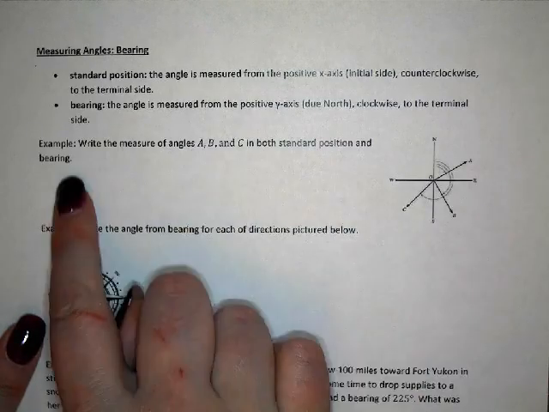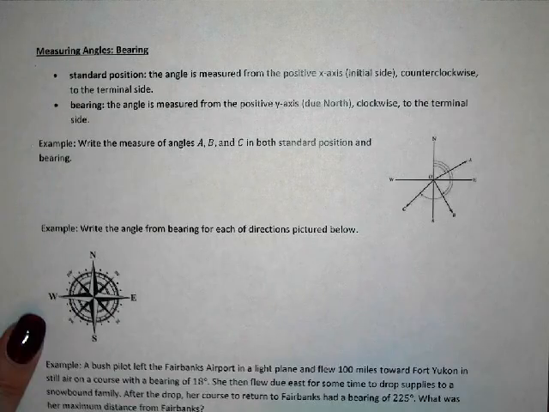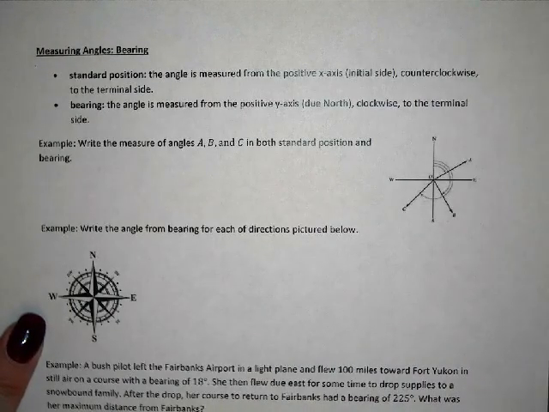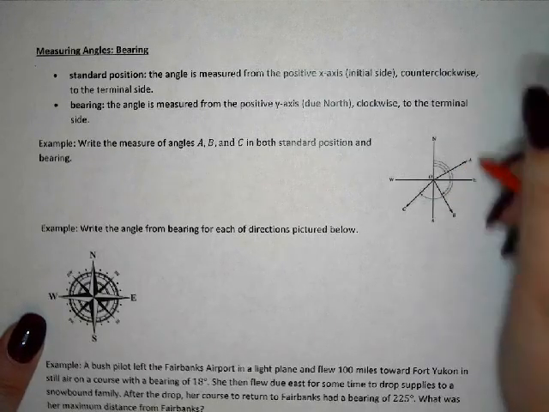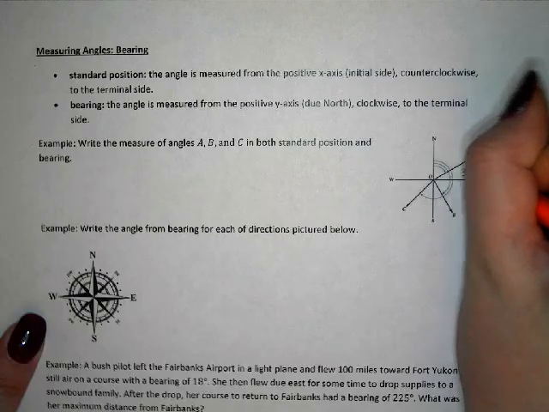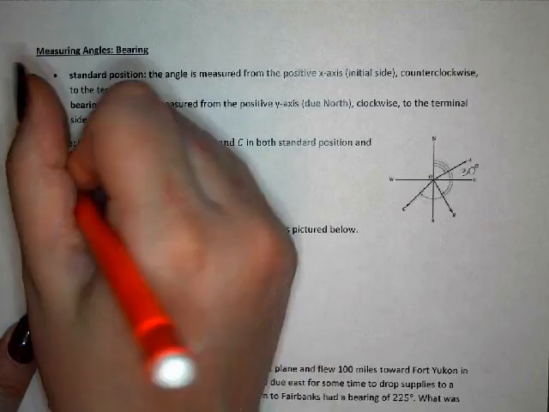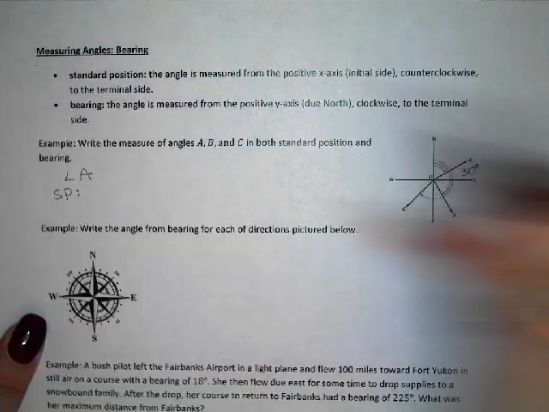I got rid of all the numbers that are on here, so I'm just going to tell you that angle A is 30 degrees up from the positive x-axis. So angle A, if we were to say what it is in standard position, if it's 30 degrees up from the positive x-axis, then in standard position, this is a 30-degree angle.